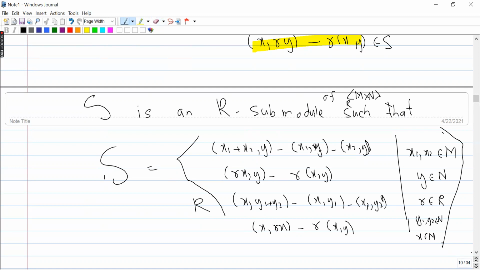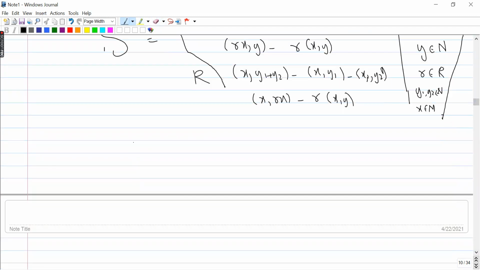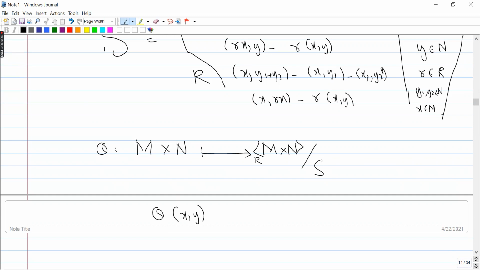Now one can see that, I am skipping this part, that if I go from M cross N to M cross N modulo S, then by taking generators of S in such a way, this canonical map will be a bilinear map.